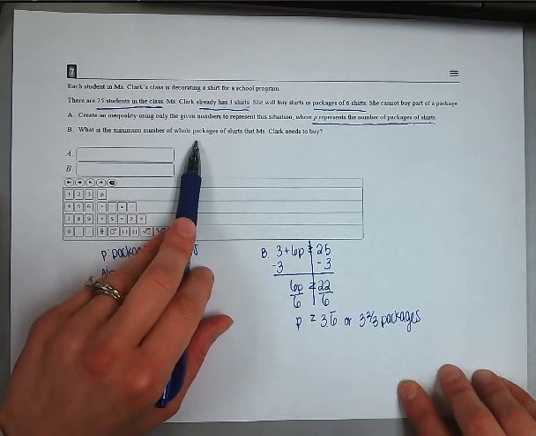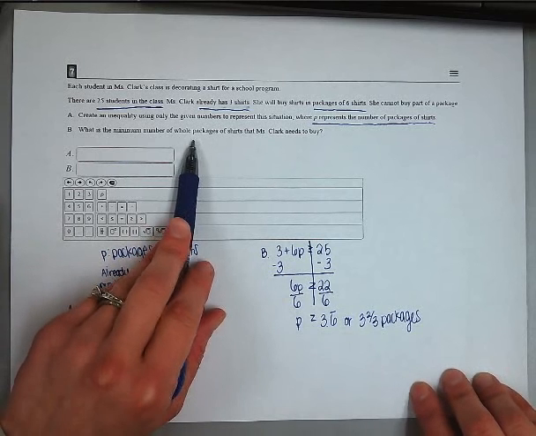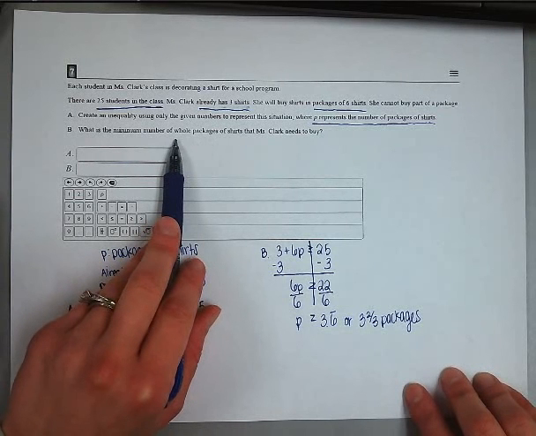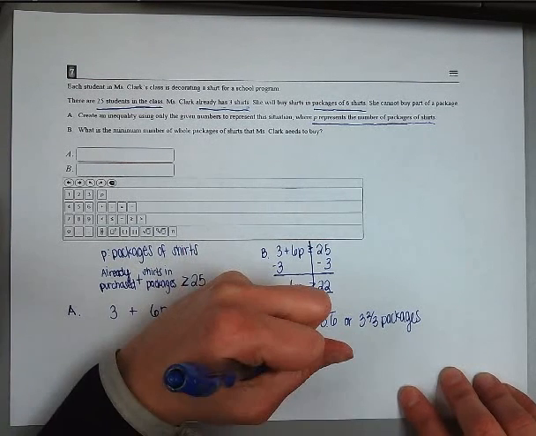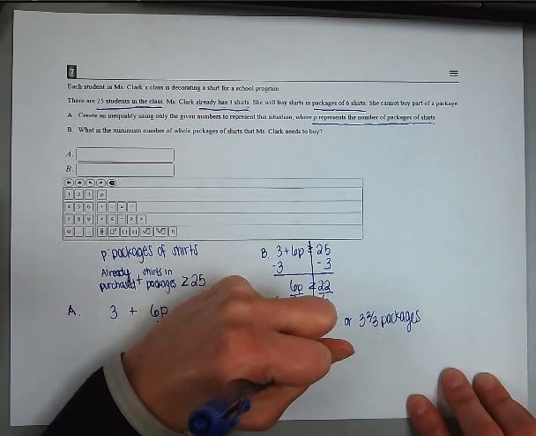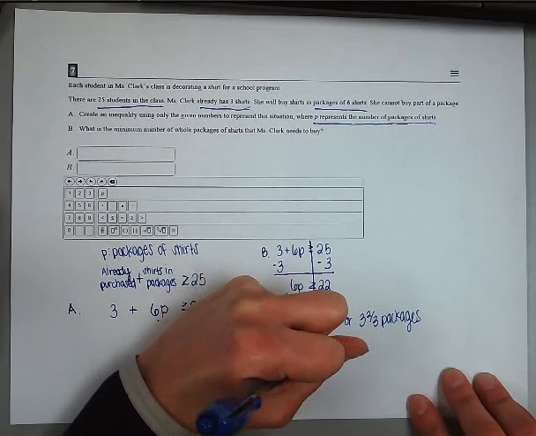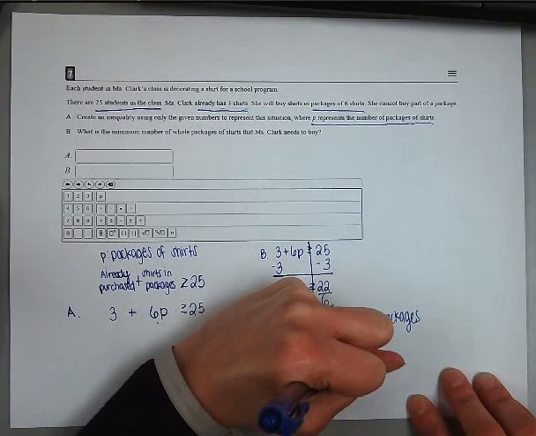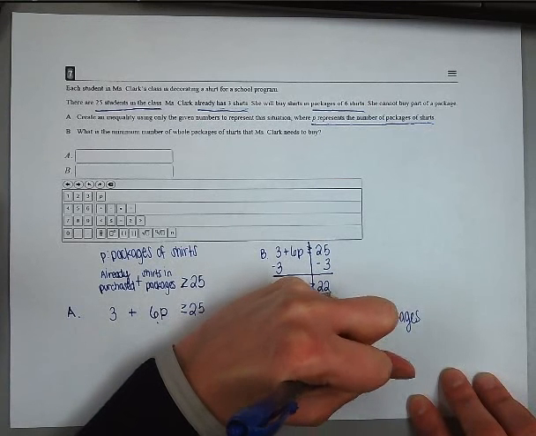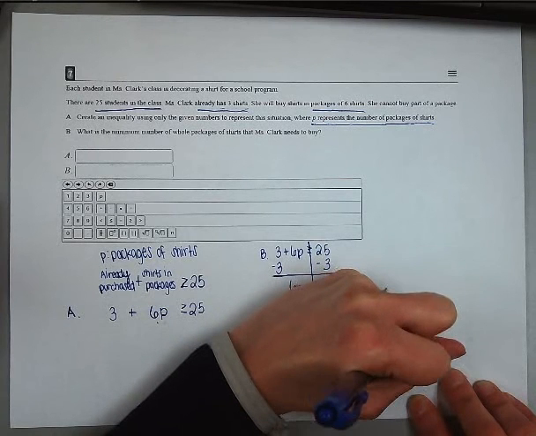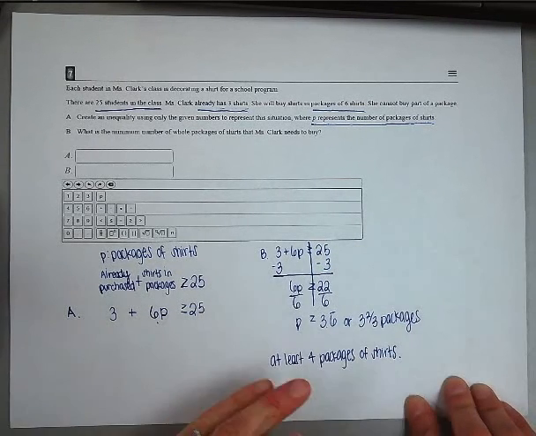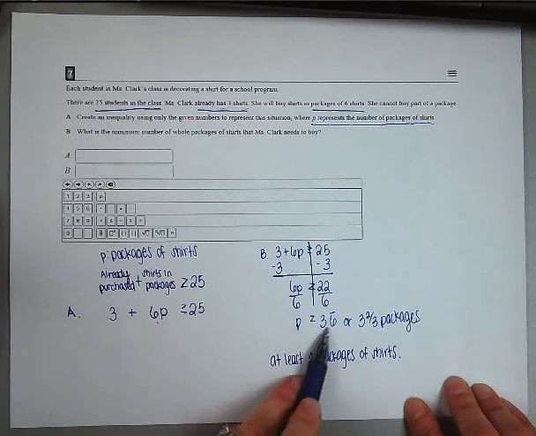So take a minute and think about what you would write as your whole number of packages of shirts that you would need. So we see that we need at least 4 packages of shirts, and we rounded up because if we rounded down, we would not have had enough t-shirts for the 25 students.